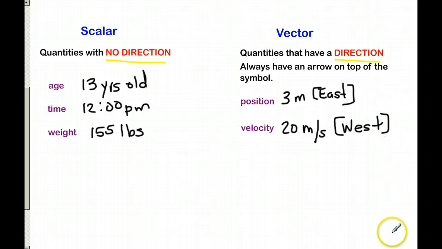So when we're talking about vectors, the only thing that matters here is that there's a direction. They put it in square brackets after the value and the units are listed. And that's all you need to know about vectors versus scalar. So vectors have a direction, scalars don't. The other thing to remember, which you're going to see in a few examples coming up, is that vectors, we always put arrows on top of the symbol that represents it. So we'll show you in the next.